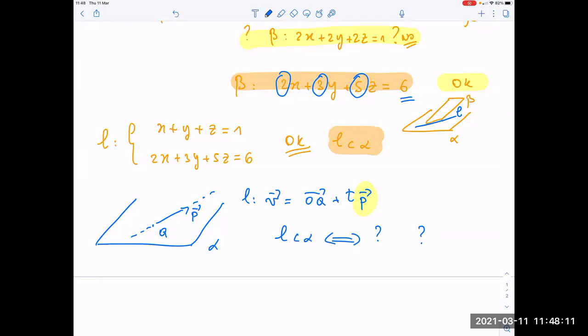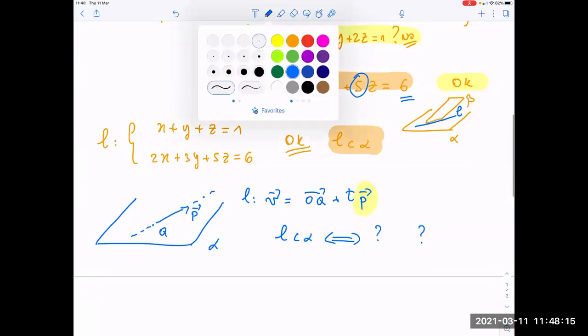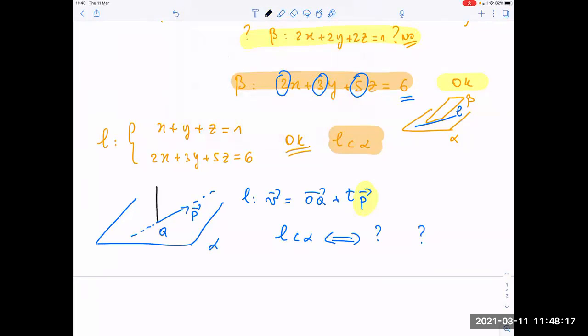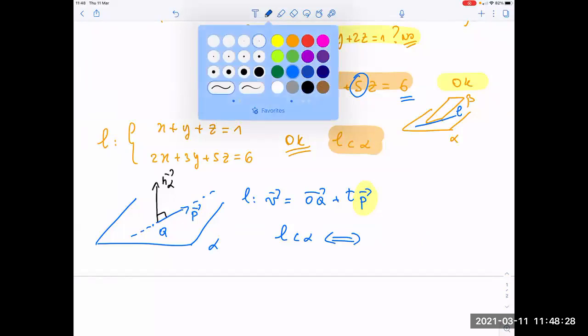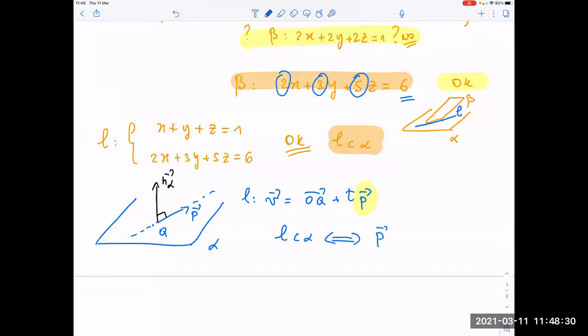Exactly, Paolo Lovera has the correct idea. Yes. Whatever I do, I have to get something orthogonal to n alpha. So this is the condition I have to put here. P dot product n alpha must be equal to 0.